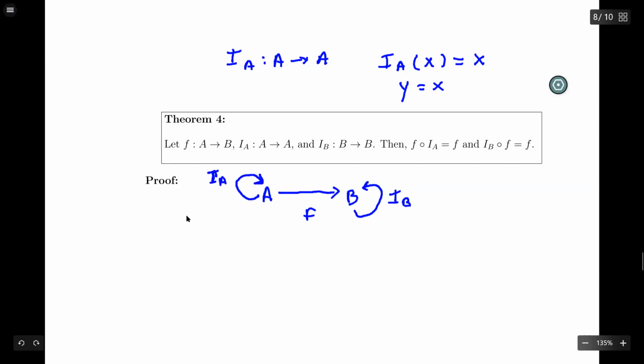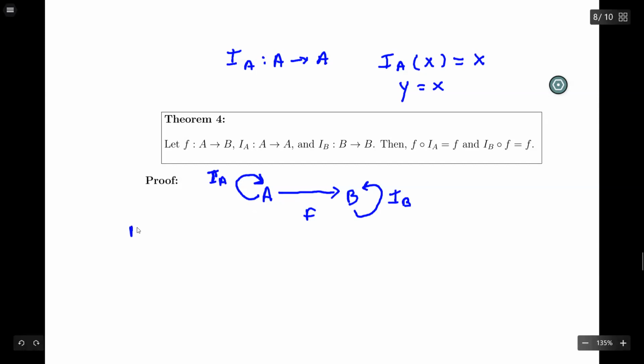What I want to show is that when I take the composition of these functions, I end up just getting the function itself.